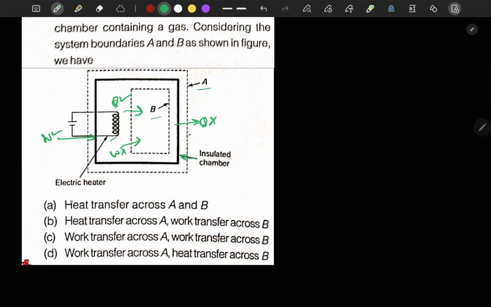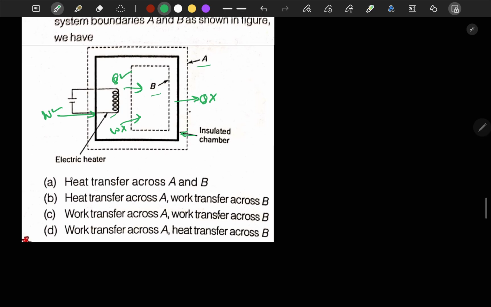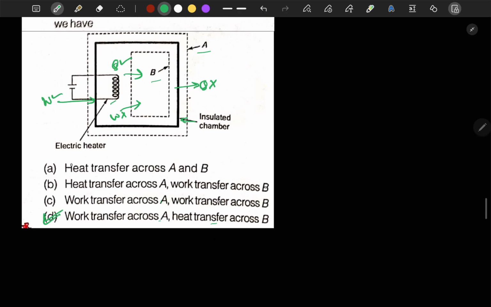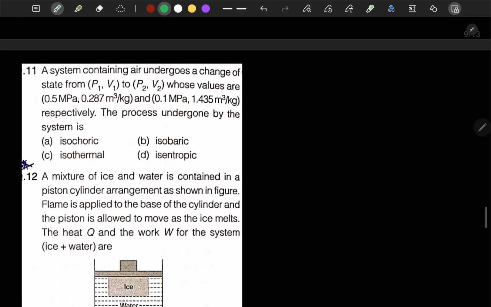So we can see heat transfer across A, work transfer across B, work transfer across A, and heat transfer across B. So option D is correct. There is work transfer across A and heat transfer across B. Okay, so move to the next question.